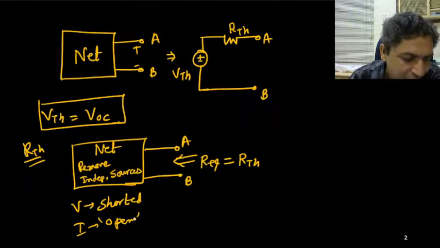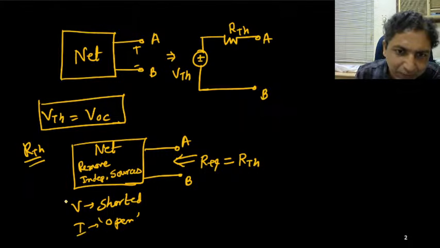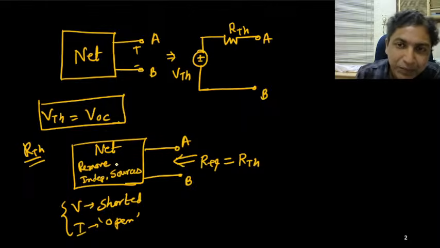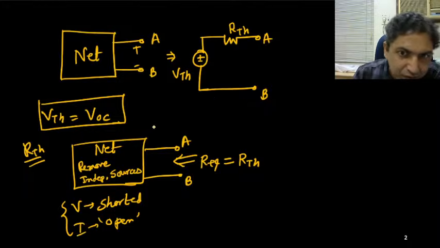Remember that you will be removing the independent sources but not dependent sources. Don't remove dependent sources. Now these two parameters VTH and RTH we can calculate separately.